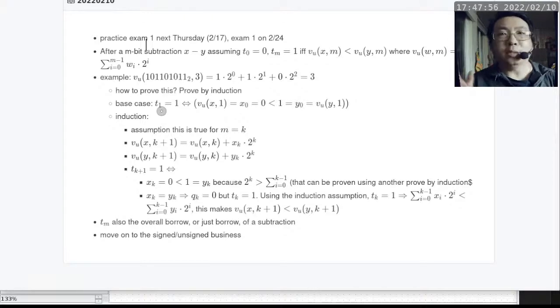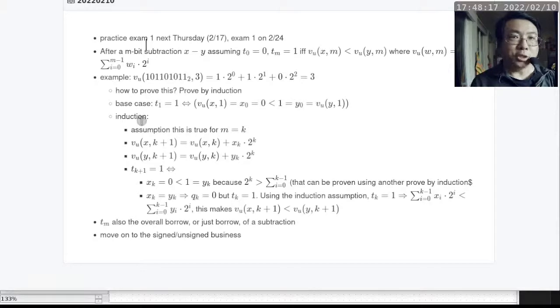So in that case, it's pretty obvious, right? Because x0 is 0, so that means VU x1, sorry, VU x1 is a 0, and then VU y1 is basically a 1. So 0 being less than 1, I don't think we have a problem with that conclusion. So that's the base case.